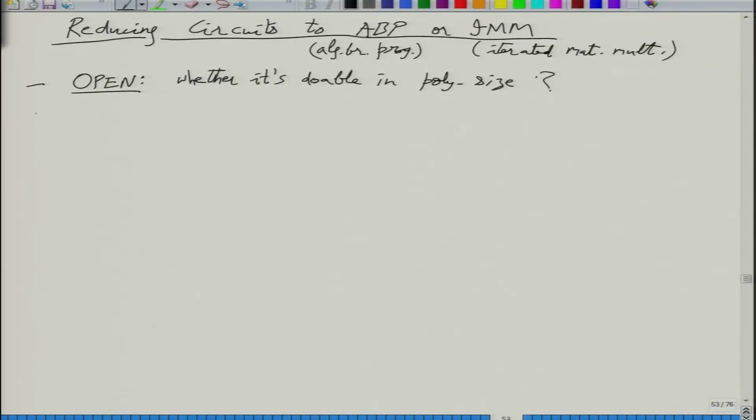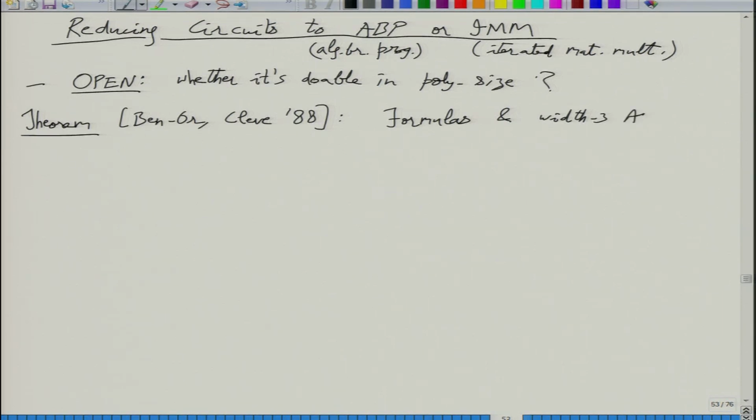Something weaker, which is formulas. Let us only focus on formulas. This is an old result by Ben-Or and Cleve, which says that formulas and width 3 ABPs are equivalent models, always up to poly size, poly blow up.